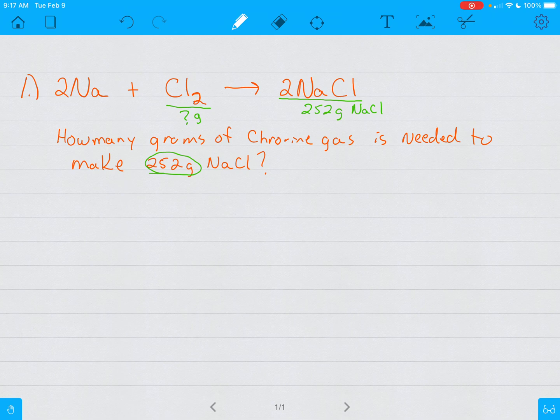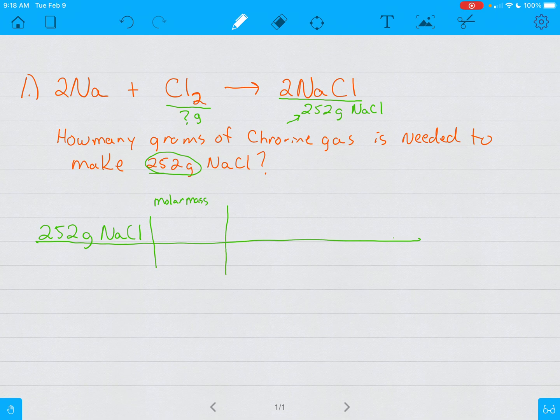So we have that. So now the next thing I'm going to do is I'm going to set up my problem. And we start with what we're given, okay? So we're always going to start with some kind of a number that we're given. So I'm going to write 252 grams of NaCl. I'm going to write that right there. And I'm going to go ahead and draw my big long lines. And I know it's going to be a pretty long one because I'm going to have to, first of all, go through molar mass, right?